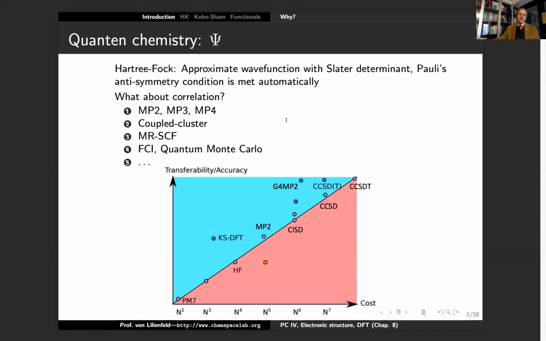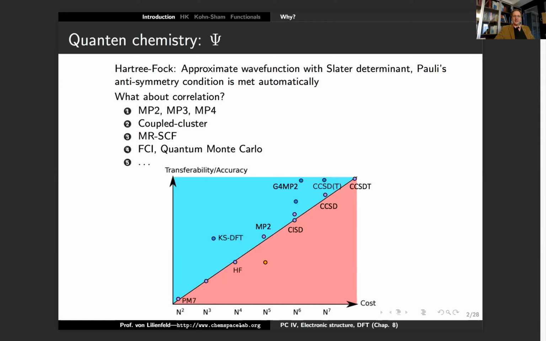And you see the semi-empirical methods such as Hückel, or that go beyond extended Hückel, and more modern flavor of that is this PM7, which you see in the bottom left. It's very efficient, right? And it scales quadratically with number of electrons.